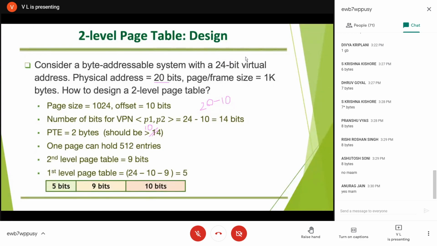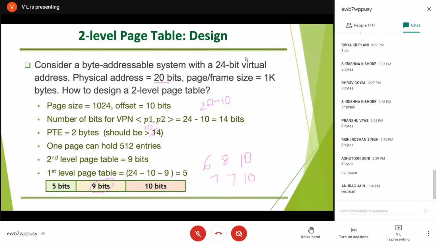So one possible scenario would be 9 bits. Another possibility could be 6, 8, and 10 also. No problem. This will also work here in this particular case, because this value has to be less than or equal to 9. So in this particular case, it could be 6, 8 also, it could be 7, 7, 10 also.